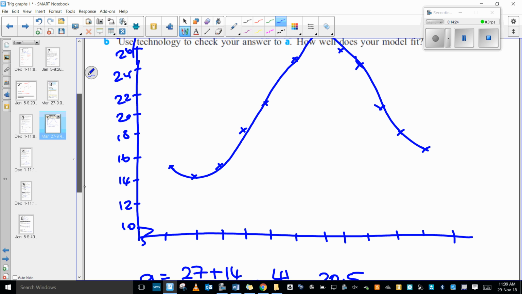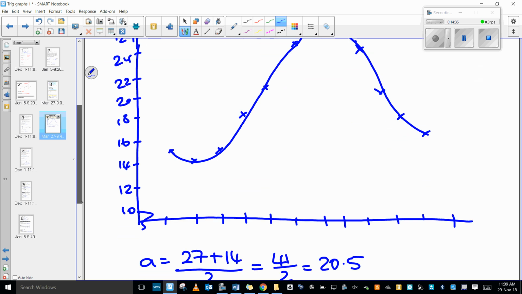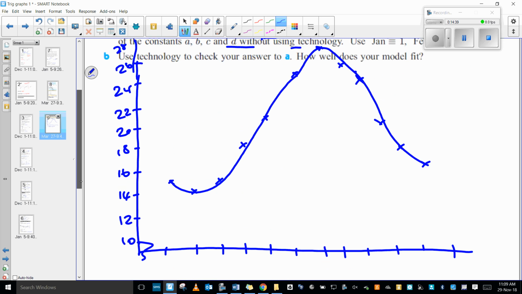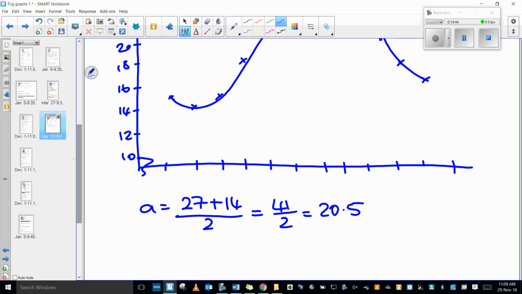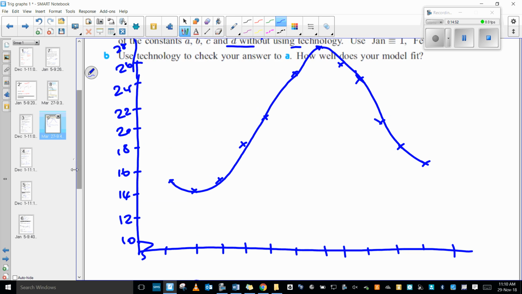Now, the next thing I would personally do is find my central line, so I'd find D next, because I know that's halfway between those 2 points. What have I done wrong there? I was supposed to take this away. Because if this is the top and this is the bottom, we subtract them from each other, don't we?